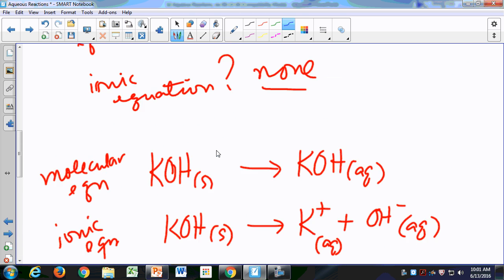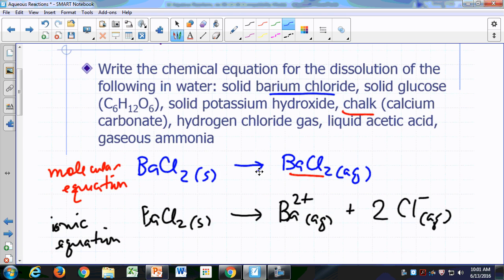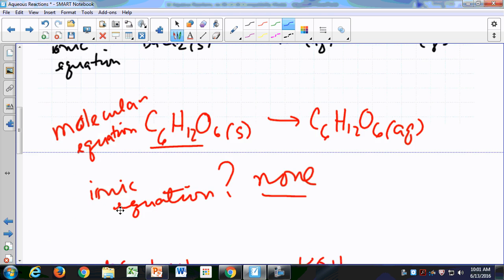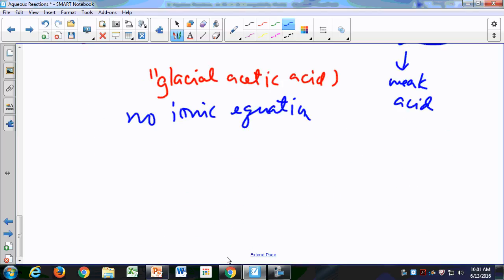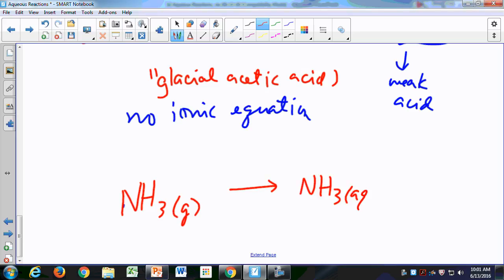Okay, finally, let's take a look at the last one here. Gaseous ammonia. Ammonia is a gas, NH3 gas. And if you put it in water, that gives you NH3 aqueous.